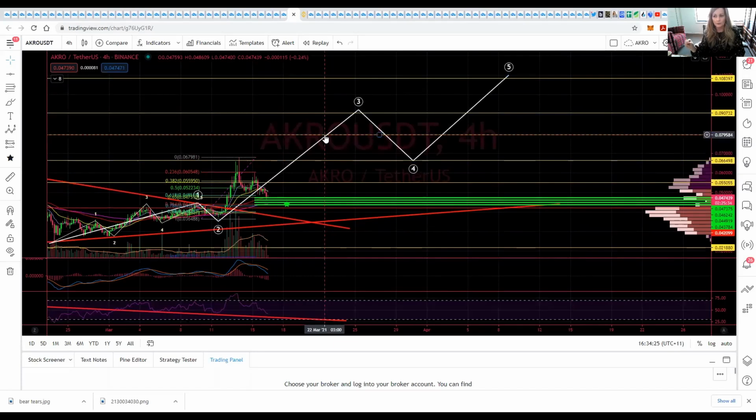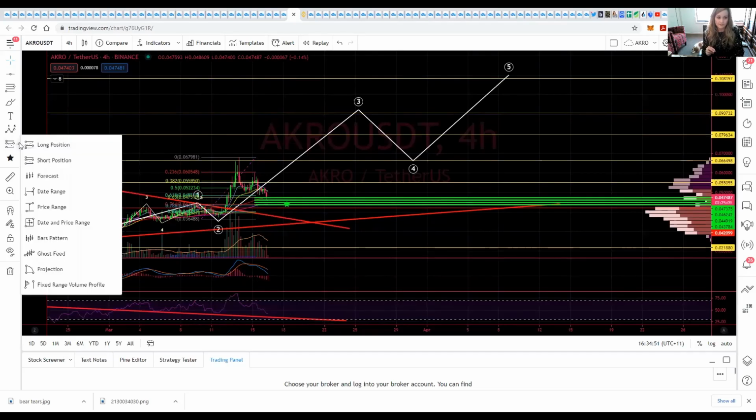On every target I push my stop loss up to the previous target, so that I'm locking in those profits. And then at target 3, I will take out 50% of my profits. The reason I do that is because I'm looking for a new entry in a new coin, because at this point I have made a lot of profits.